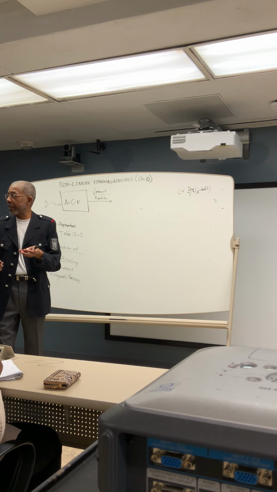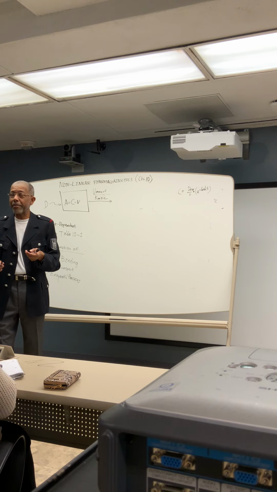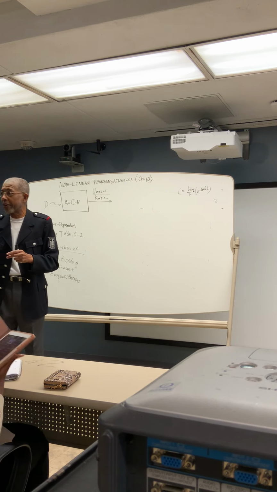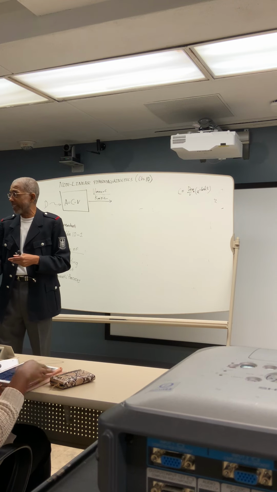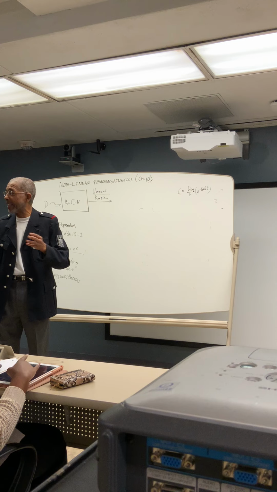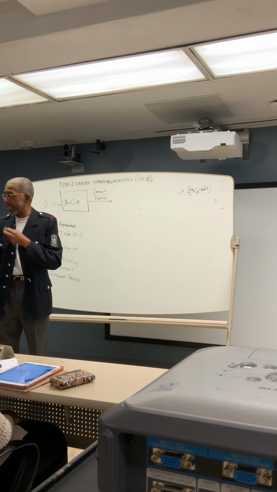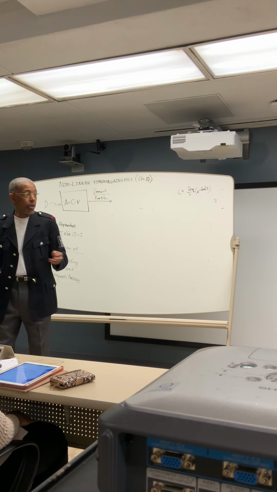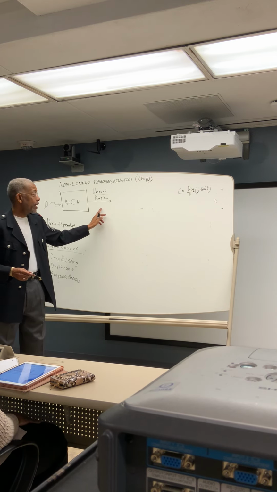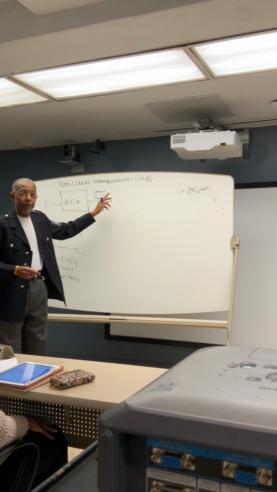I know in pre-pharmacy and in pharmacy school you should have been introduced to Michaelis-Menten kinetics, so this is going to be a big review. We're going to use Michaelis-Menten kinetics to describe the elimination of drugs that show dose-dependent pharmacokinetics.